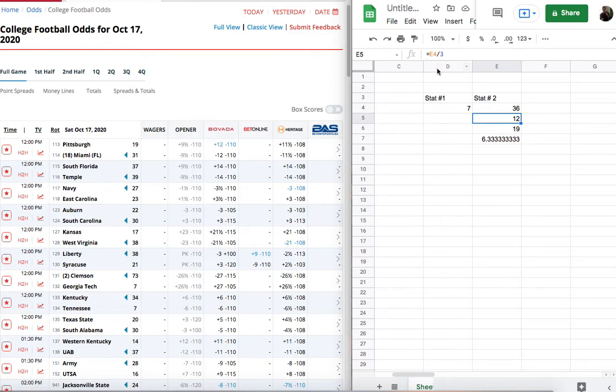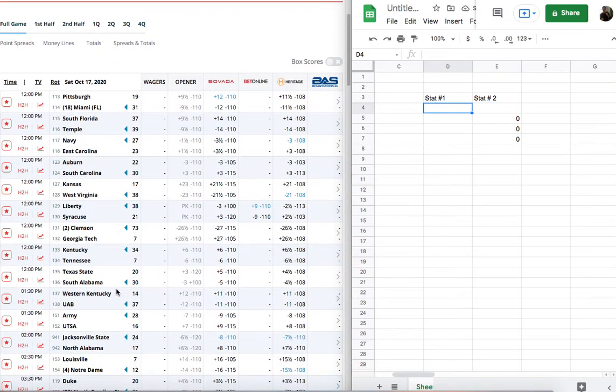All right. So I want to show you an example where we have to make an alteration. We're going to go down to this. Let's see here. Yeah, this is perfect. We're going to look at this Liberty-Syracuse matchup here. So the first stat, if I subtract the Liberty stat from Syracuse, I get a 10, so that's Liberty minus 10.